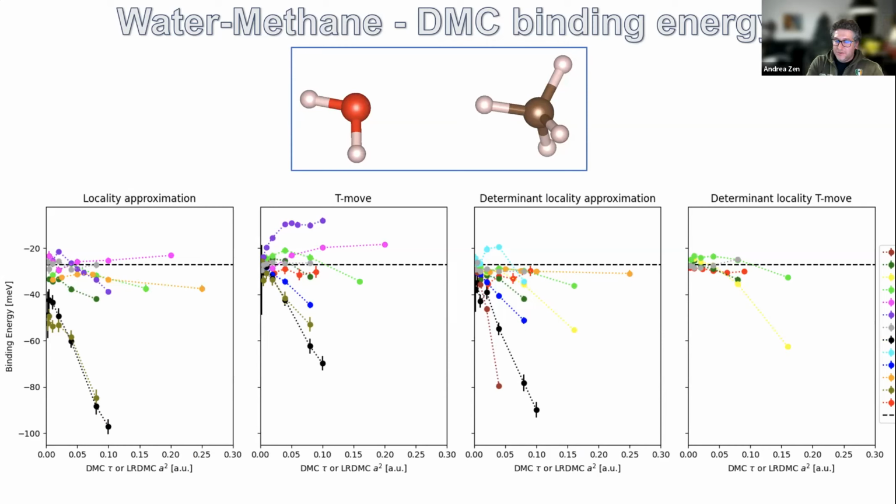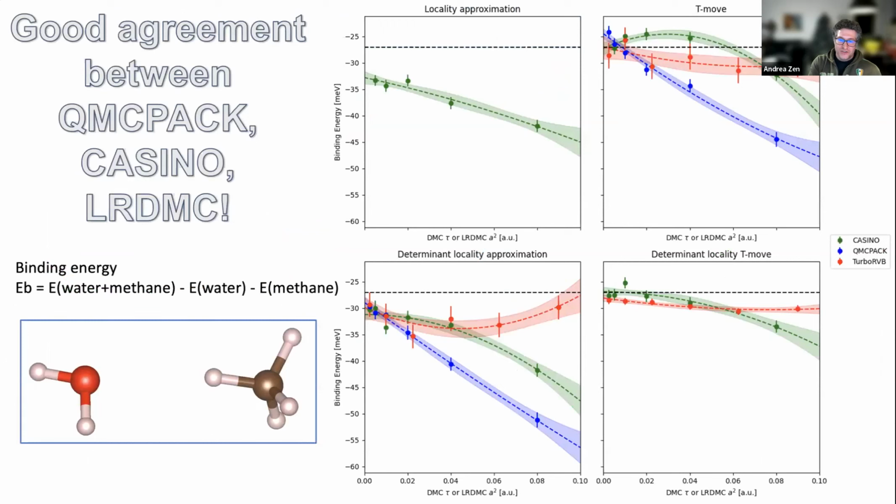I'm not putting the labels because I'm still doing the analysis, and I didn't ask everybody to publicly show the results, but I can show the results that I made myself, which are those with Casino, QMCPACK, and Turbo RVB, here in green, blue, and red, and we see that we have quite good agreement for the T-move and the DLA approximation.